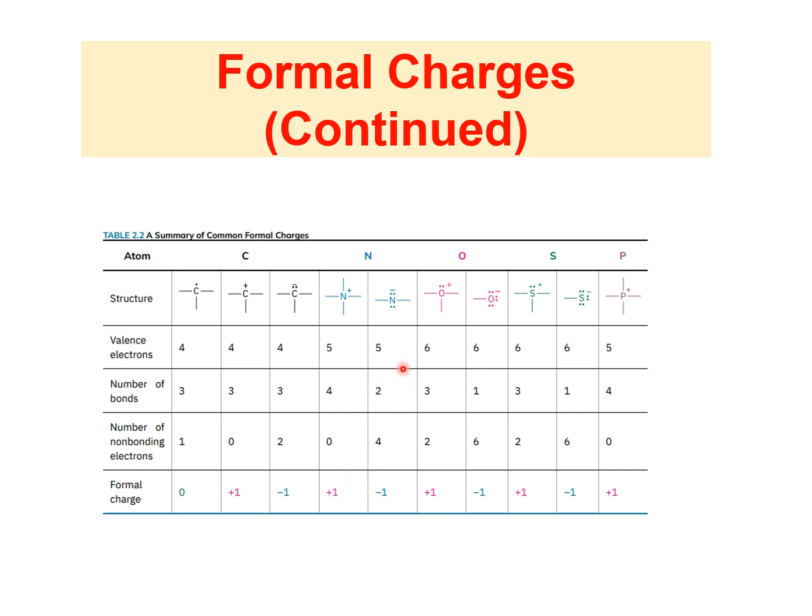If it is forming 3 bonds with a pair of electrons left over, then it will have a -1 charge. Nitrogen generally likes to form 3 bonds, when its formal charge will be equal to 0. When it is forming 4 bonds, it will have a formal charge of +1. If it is forming only 2 bonds, then it will have a formal charge of -1, and so on.